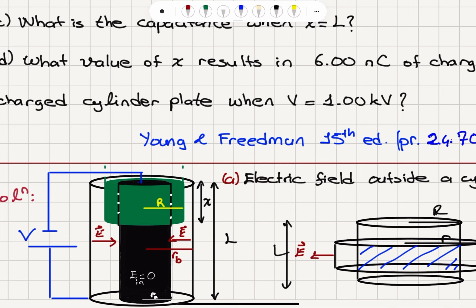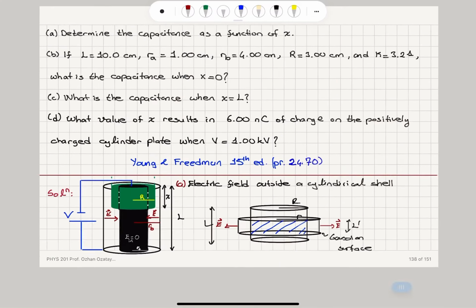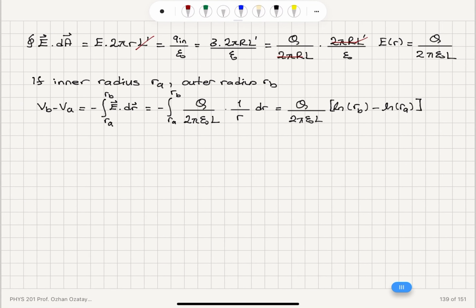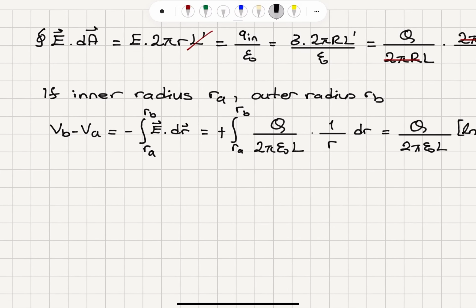So you can see here in this arrangement, the electric field points towards the center, not in the radially outward direction. That's simply because the outside cylinder is positively charged and the inside cylinder is negatively charged. In that case, this dot product will give a minus sign, so this will become plus. That is because VB is greater than VA, with the electric field in the minus r hat direction.